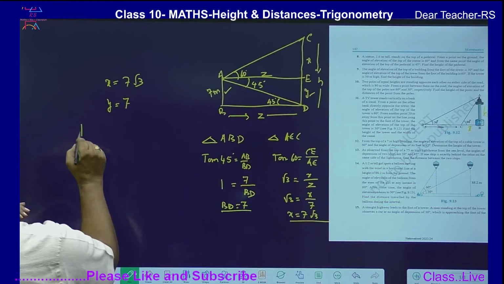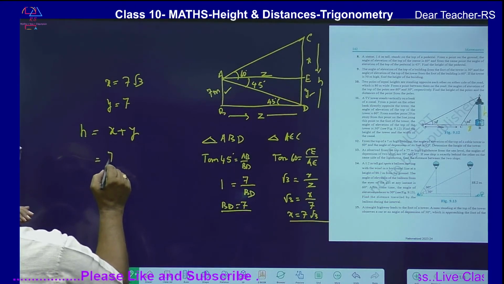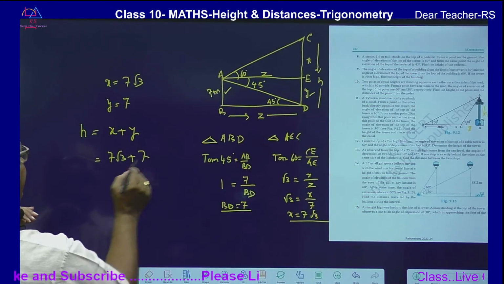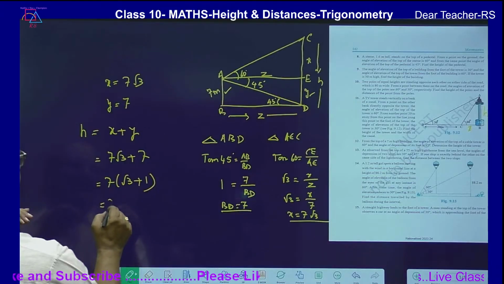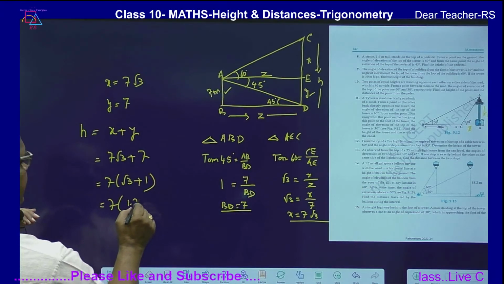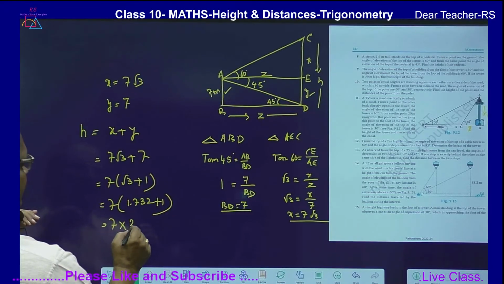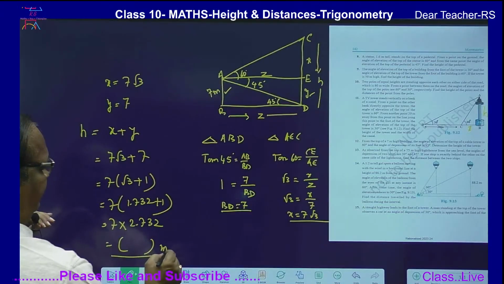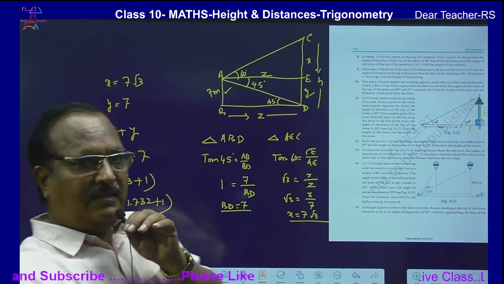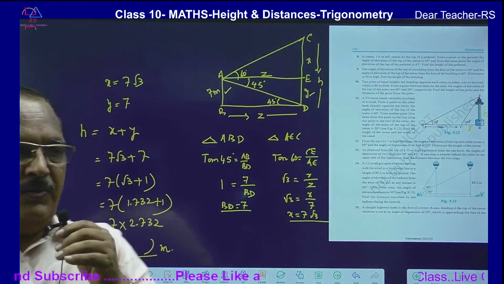So therefore height of the tower is equal to X plus Y, 7 root 3 plus 7. 7 into root 3 plus 1. 7 into 1.732 plus 1. So 7 into 2.732. So this is the height of the tower.